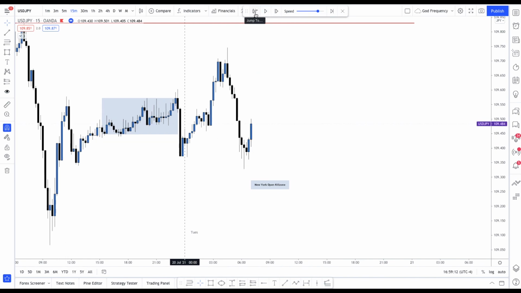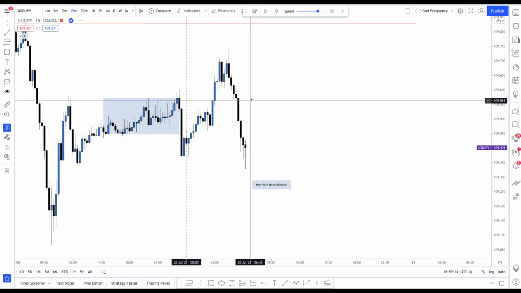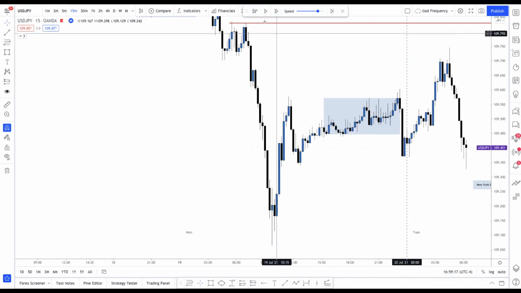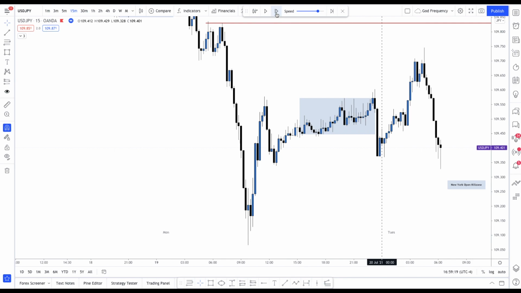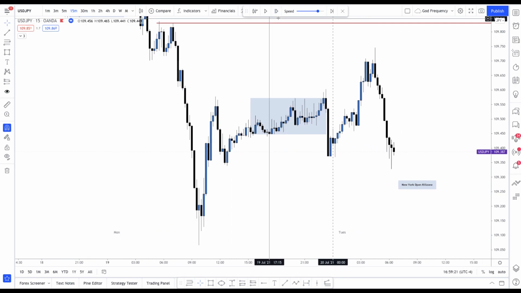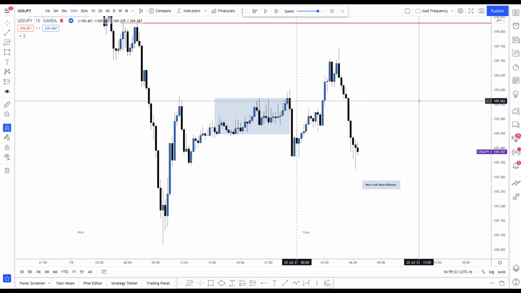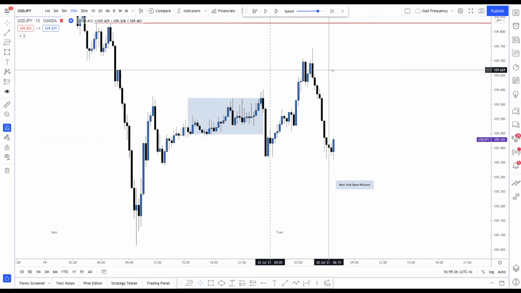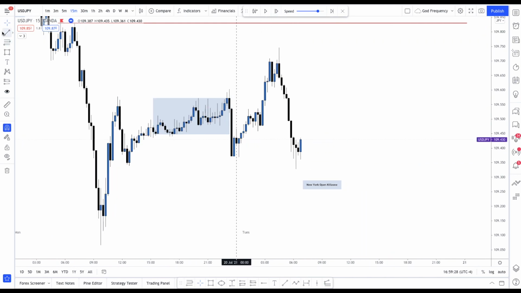Now let me go back. That happened pretty fast. We see this down candle, so you have to be kind of fast with this one. We're going to look at this order block. In this instance, a bullish order block is valid once this bullish candle closes above that previous bearish candle.